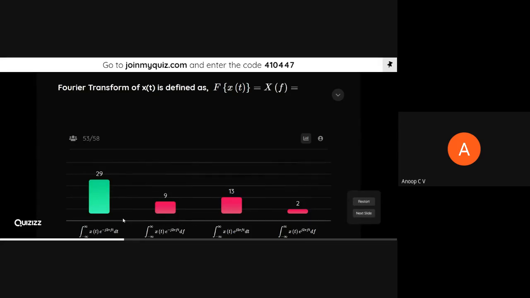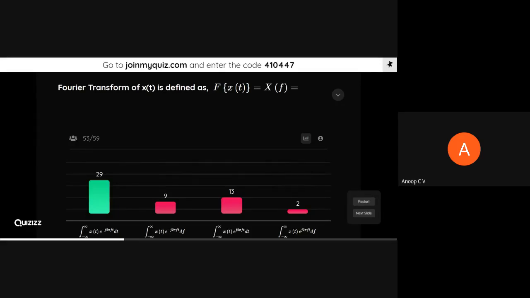If you take the Fourier transform of x of t, the resultant will be a function of f. So you are integrating with respect to t. So the definition of Fourier transform is x of t into e power minus j 2 pi f t dt. It will give you what frequency components are present in the signal x of t. Of course, it converts the signal x of t from time domain to frequency domain.